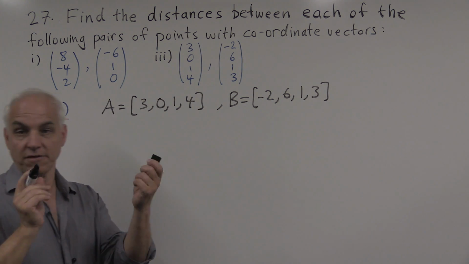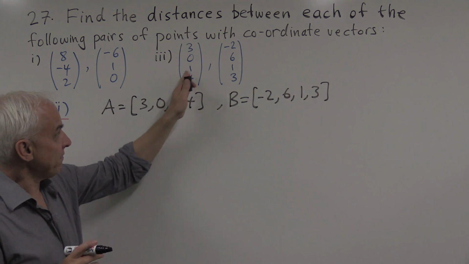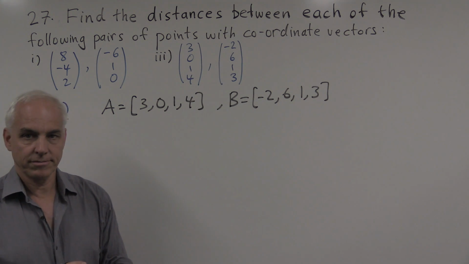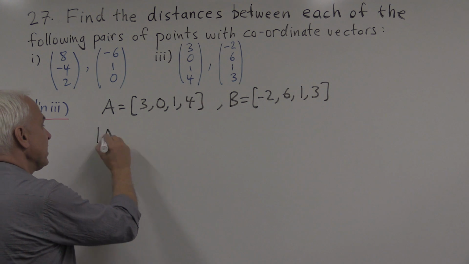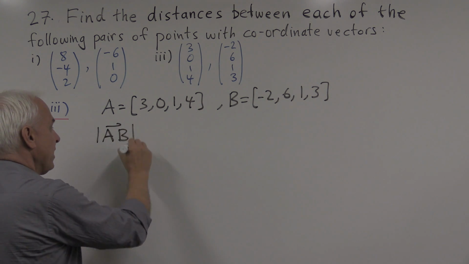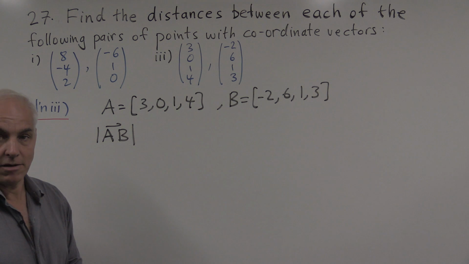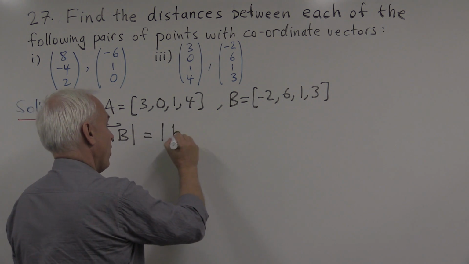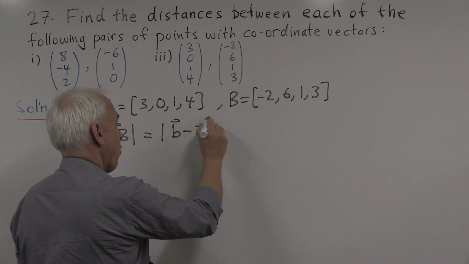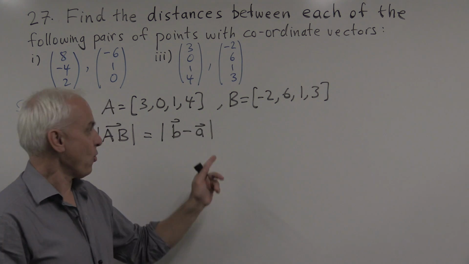These are 2 points in 4-dimensional space which have these as their coordinate vectors. Well, so similarly as before, if we want the distance between A and B, that's the length of the vector AB, which is going to be the length of the difference between the coordinate vector for B and the coordinate vector for A.